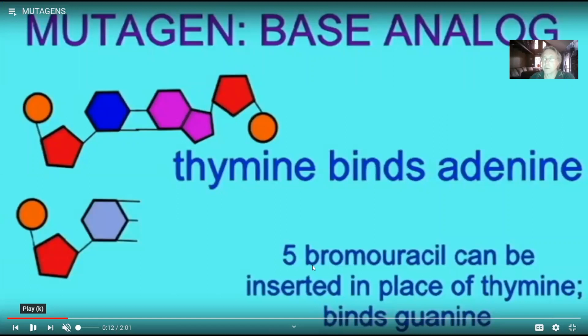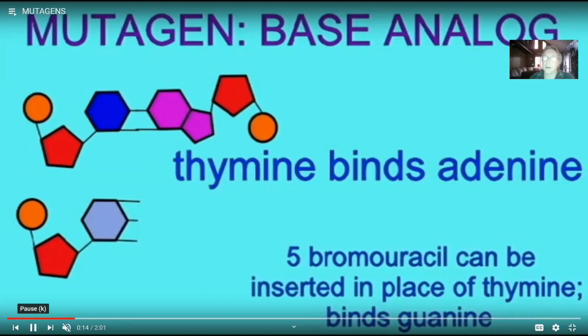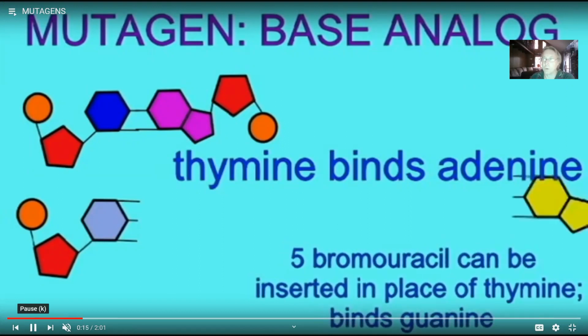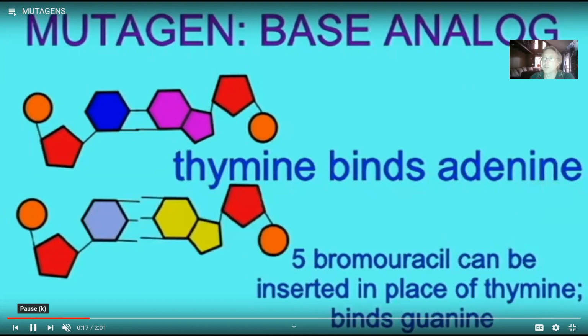There's a molecule called 5-bromouracil, which looks enough like thymine that a replicating cell could insert this molecule instead of thymine in an elongating DNA chain. But the difference is, while thymine binds to adenine, bromouracil would bind to guanine, and this would lead to a change in the DNA sequence of the daughter molecule.